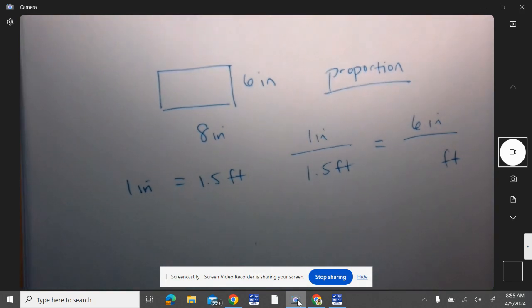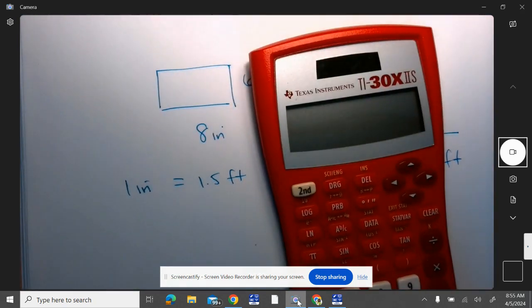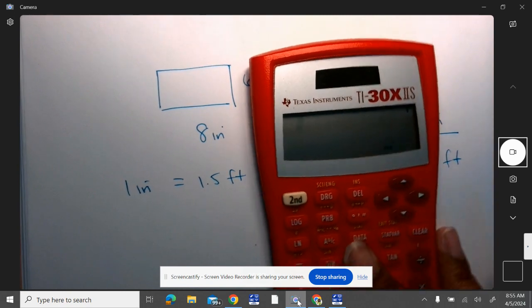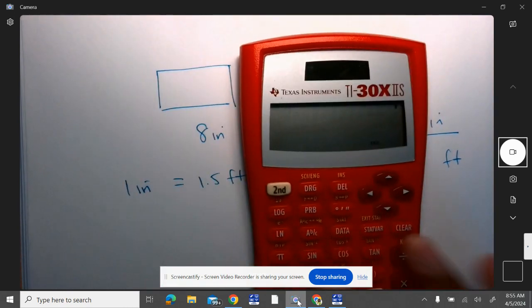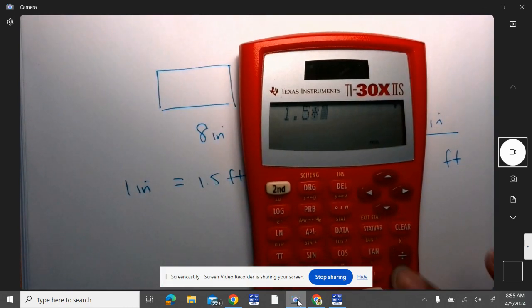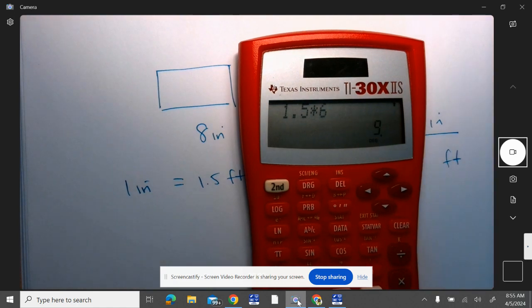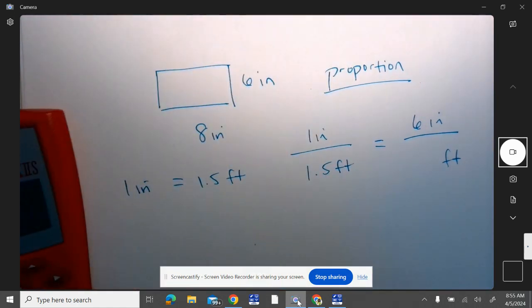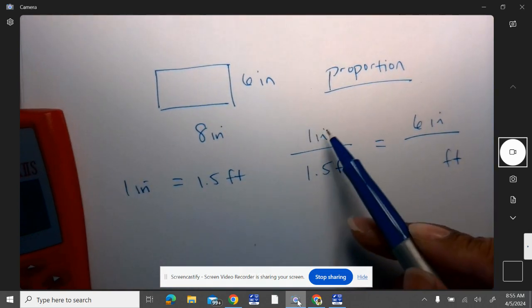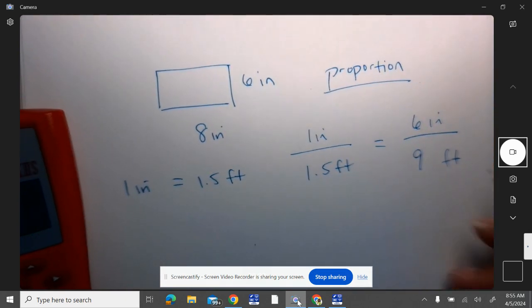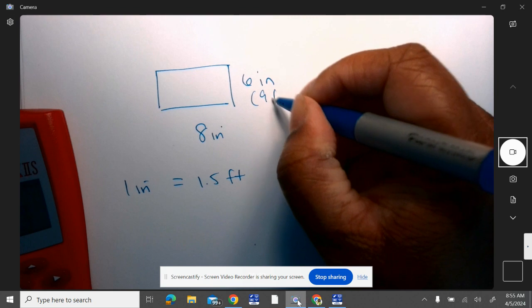Let's cross multiply and divide. So I'm going to do 6 times 1.5 is 9. And then I would divide by 1, but there's no point in doing that. So this is really 9 feet.